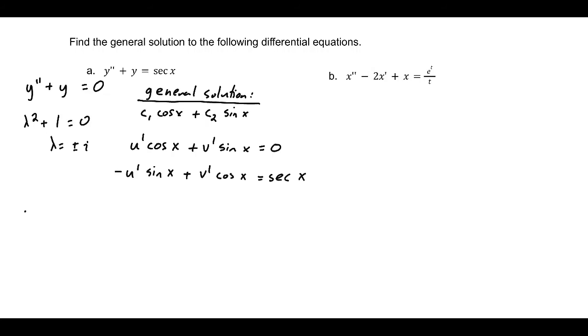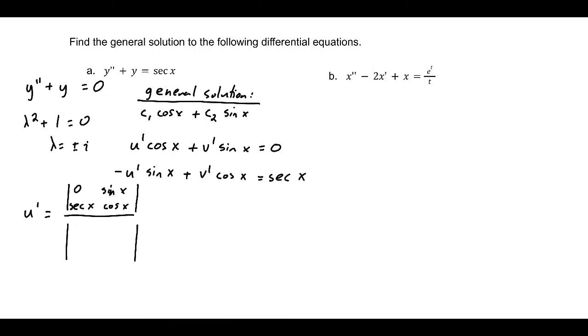Cramer's rule would say that u prime is going to be equal to a fraction, and the numerator is the determinant of a matrix, and the denominator is a determinant of a matrix. The numerator matrix will have a first row of 0 and then sine x. The second row is secant x and then cosine x.